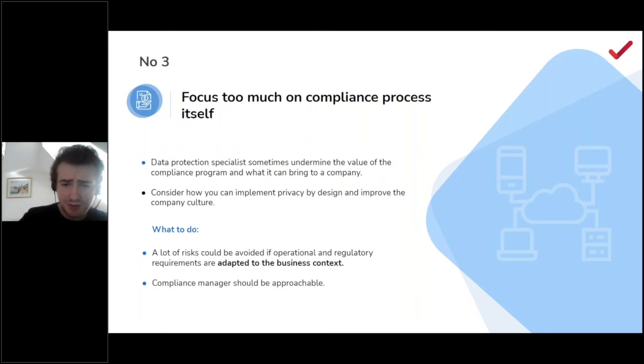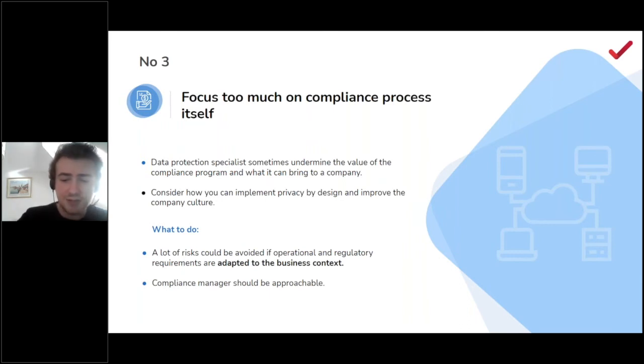So to implement this or fix it if it's not there is not super clear. It's not extremely obvious. The basic advice would be to apply operational and regulatory requirements with a strict focus on your business context. What is the organization trying to achieve? What is the best way to do that while still obviously maintaining your compliance?